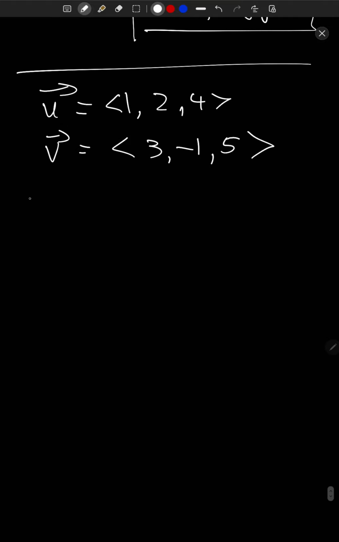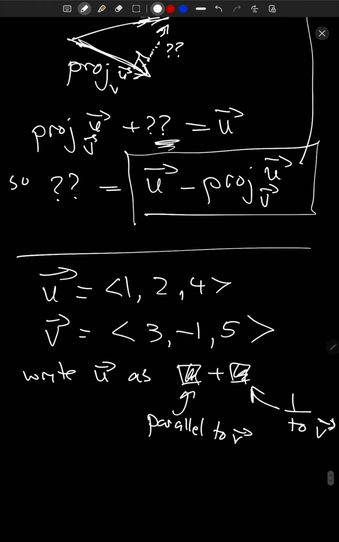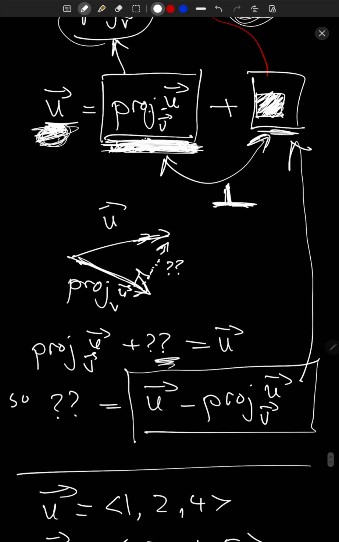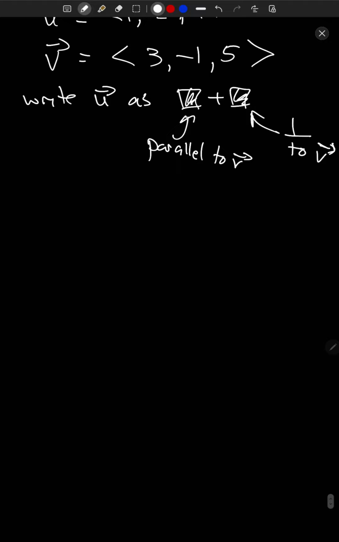Let's write u as the sum of two things, where this guy is in the same direction as v, so parallel to v, and this guy is perpendicular to v. Here's a picture, that's my v, and you can see this guy here is perpendicular to v. So parallel to v, perpendicular to v.